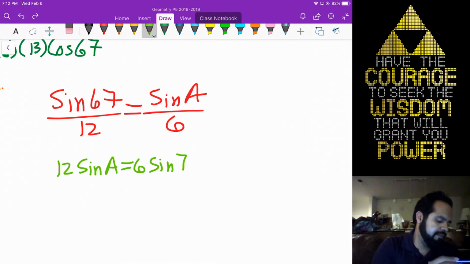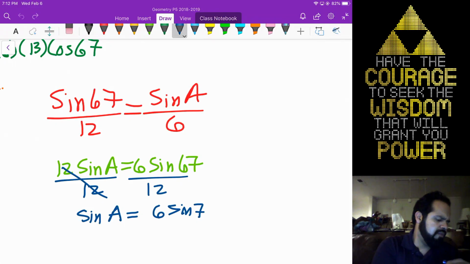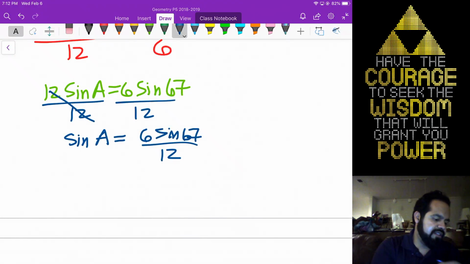I can math. All right, divide both sides by 12. So sine of A equals 6 sine of 67 over 12. Now we're just going to type that into your calculator with inverse sine.